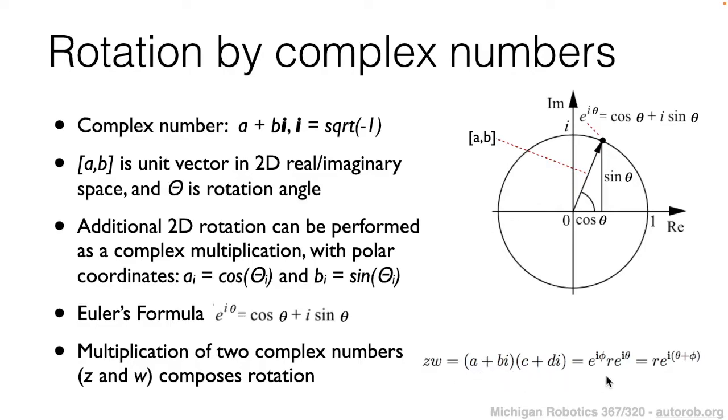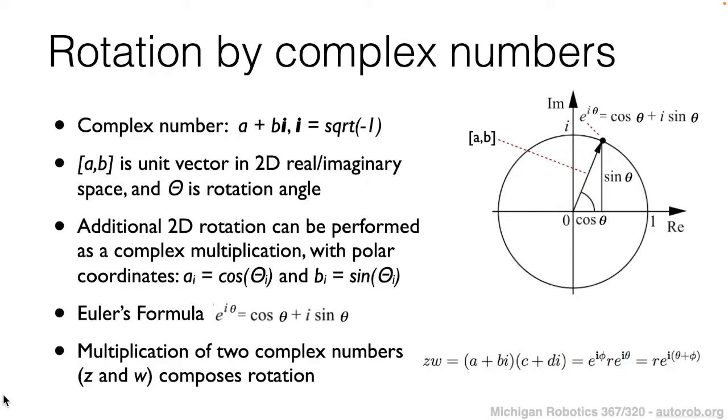But alternatively, if both of these complex numbers are expressed according to Euler's formula, we can observe that the multiplication of these two numbers is composing the two rotations together, where these two variables in the exponent denote the rotation for the complex number z, and separately the rotation for the complex number w. And so this is now hinting at how we can use, in a much cleaner mathematical form, multiplication within the complex number space to represent rotations.